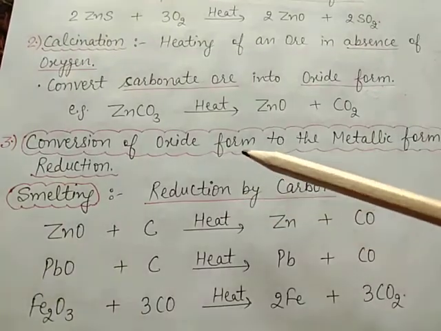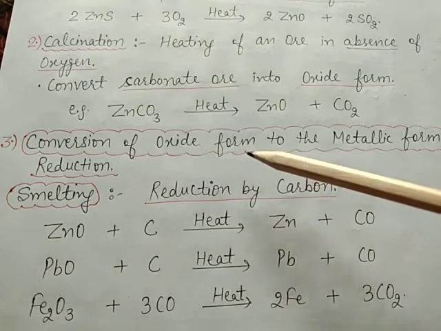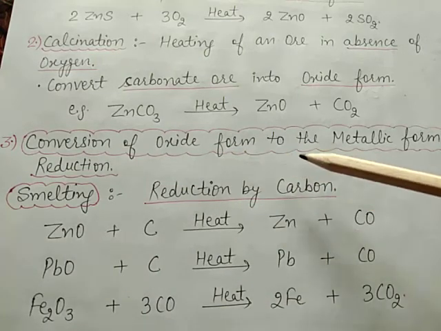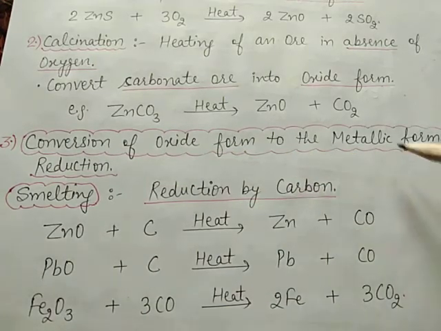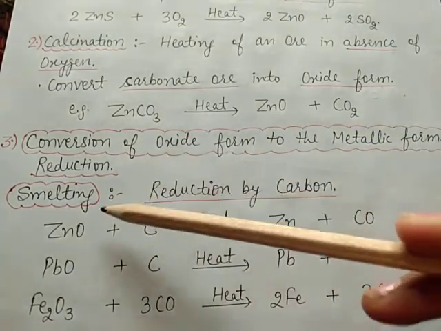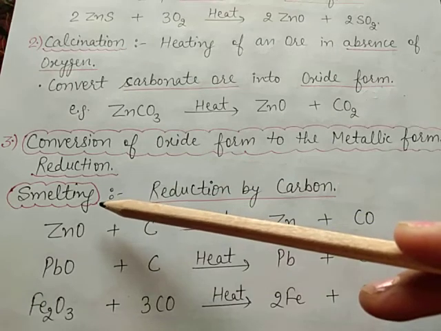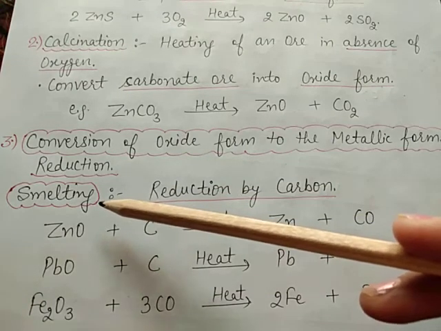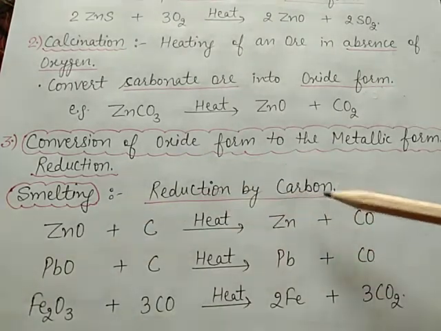Now the third step is the conversion of oxide form to the metallic form. It means reduction, or here its process name is smelting. Smelting means reduction by carbon.